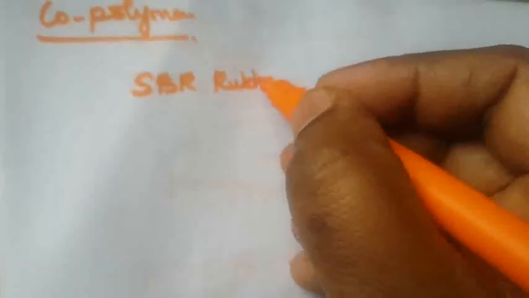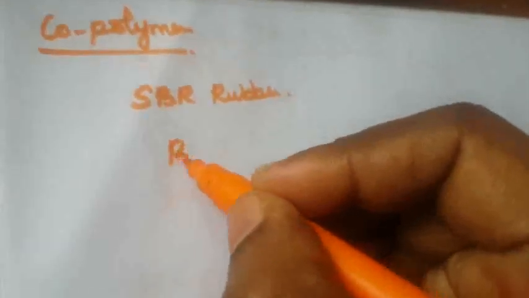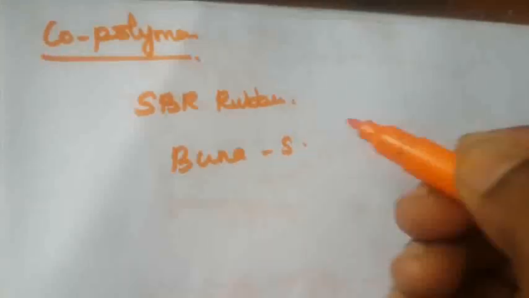Next we are going to see what is meant by copolymer. A copolymer is a polymer containing two or more different kinds of monomer. For example, SBR rubber, which is Buna S rubber.